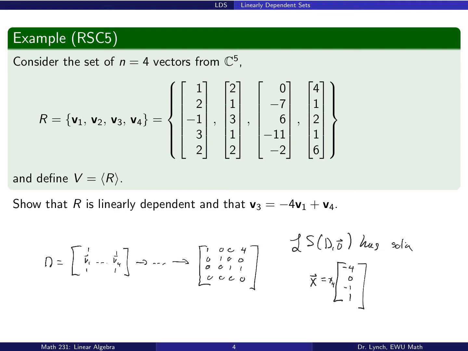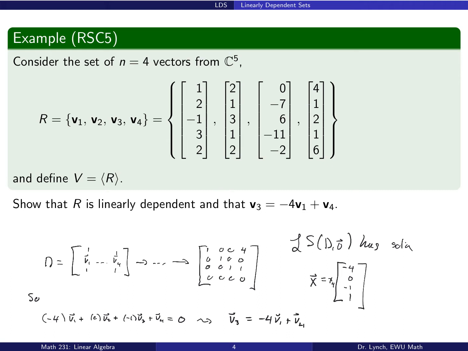So we can see then that minus 4 v1 plus 0 v2 minus v3 plus v4 had better be 0. In this case we'll express v3 as minus 4 v1 plus v4.